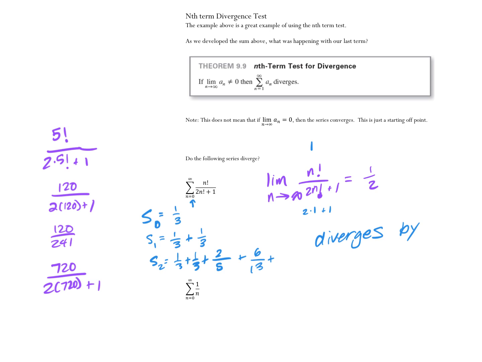And what my expectations will be is that you say it diverges by the nth term test. Okay.